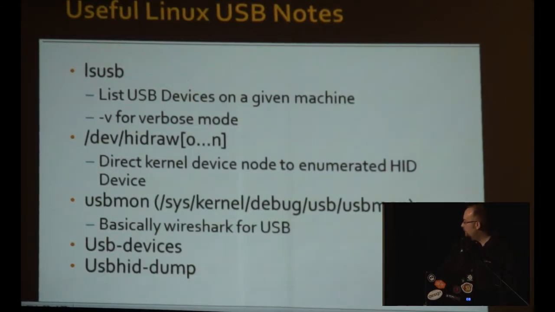Another command, sorry, is the USB devices. Where the USB mon path is, there's a small file called devices, and it has a debug listing of all the USB devices that are there, plus all of the names and such.